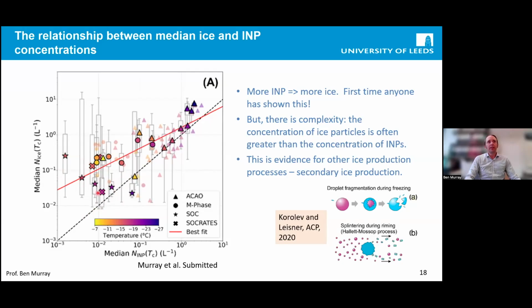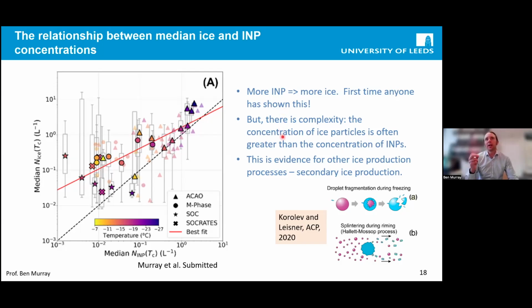There is a tendency to have slightly higher values of ice concentration than the INP. But the general message here is the more INP, the more ice. And I think that's actually the first time anyone's experimentally, observationally shown this. But there's complexity in there.